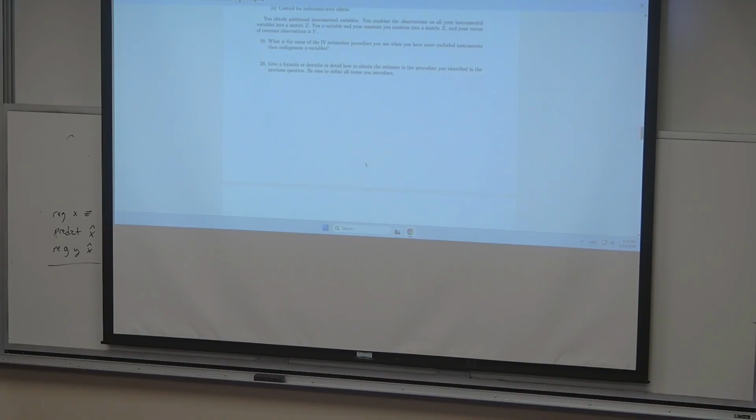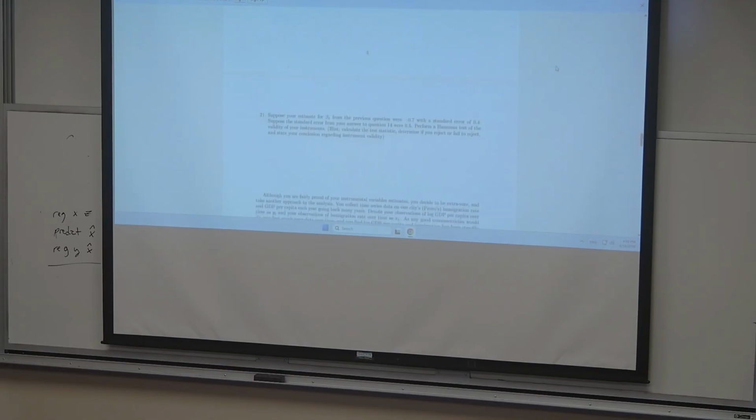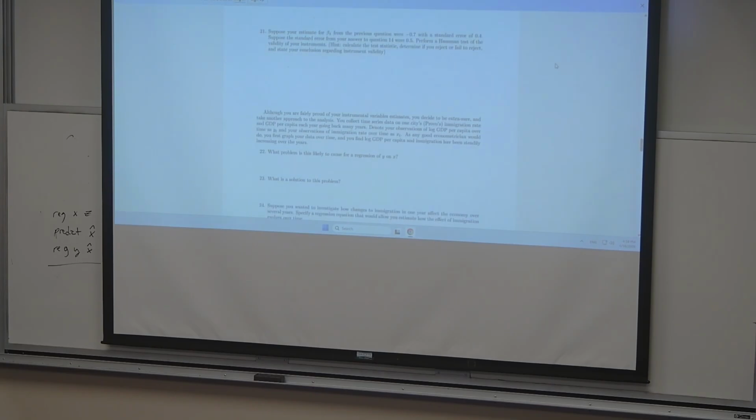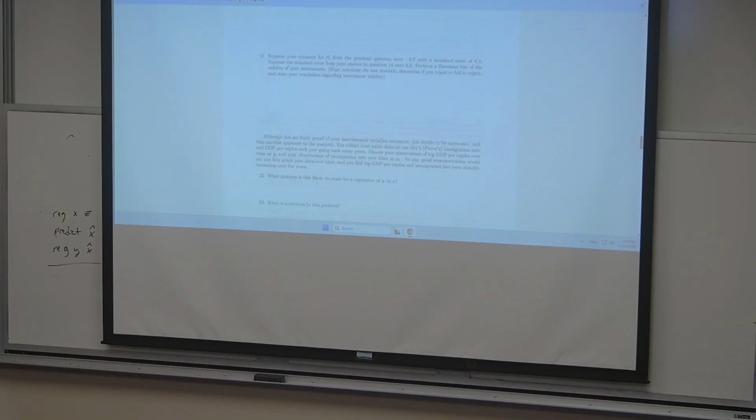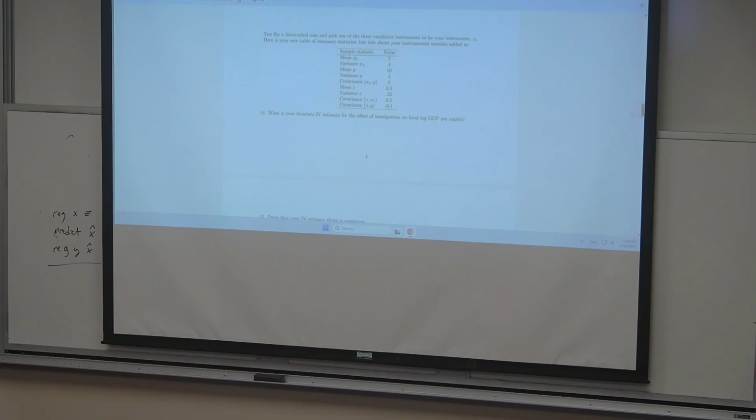He asked, what's the name of the IV estimation procedure used? It's two-stage least squares. Give a formula for how to describe it. We just did that. Suppose your estimate for beta 1 were negative 0.7 with a standard error of 0.4. Suppose the standard error from your question 14, that's kind of all the way back here. But in question 14, this might be a good one also, actually, just to show you.